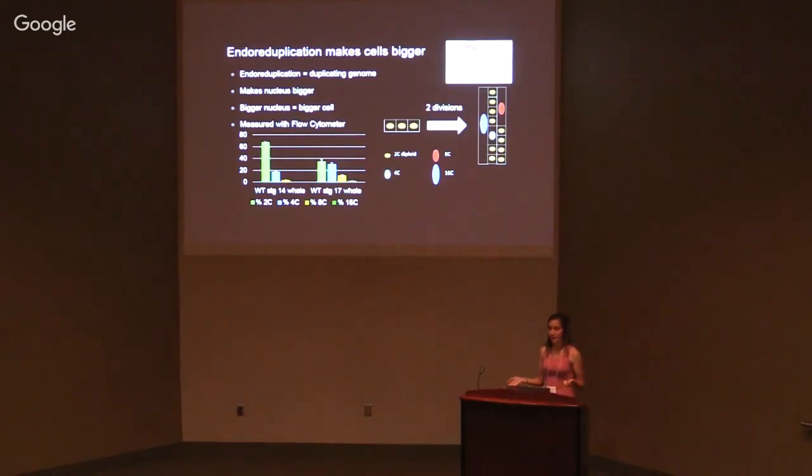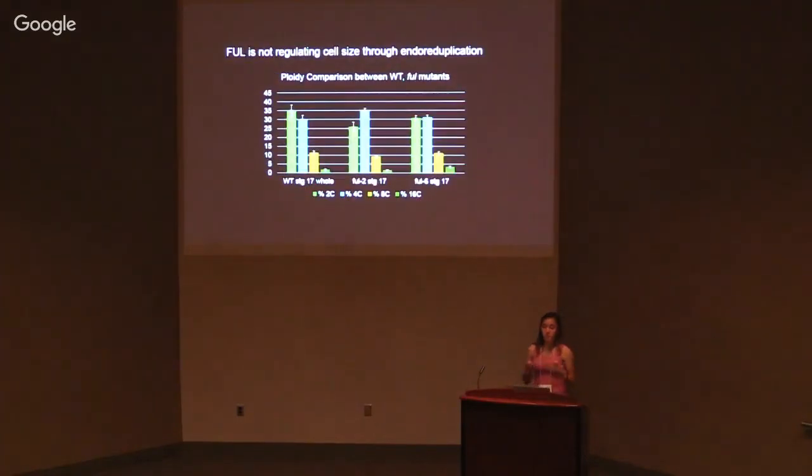So we wondered, is full having an impact on this process of endoreduplication? To investigate this, we again did a ploidy comparison between the wild-type silics and the two full mutants. And this is the result. Namely, you don't really see much of a difference between the percentage of 8C and 16C nuclei.